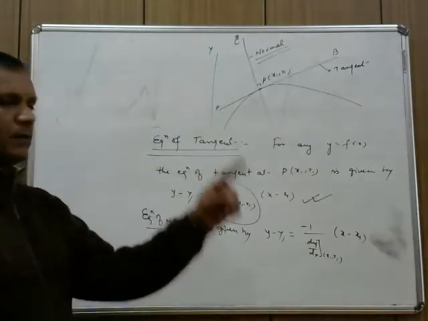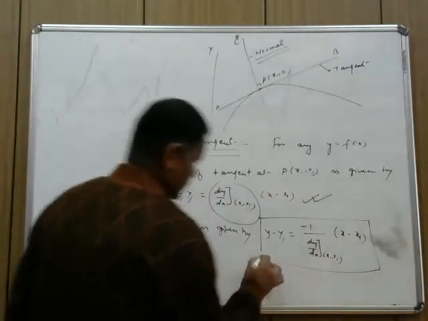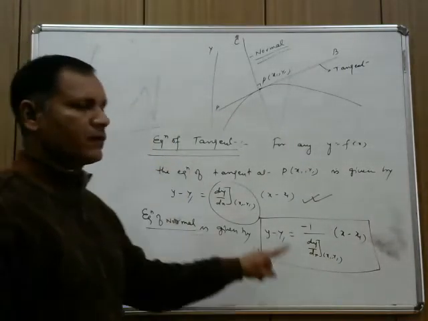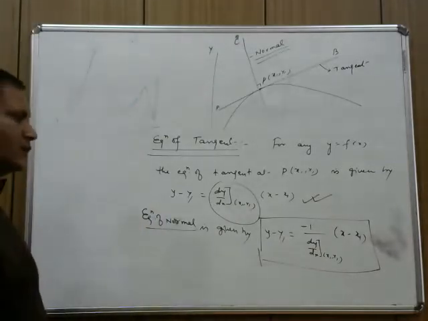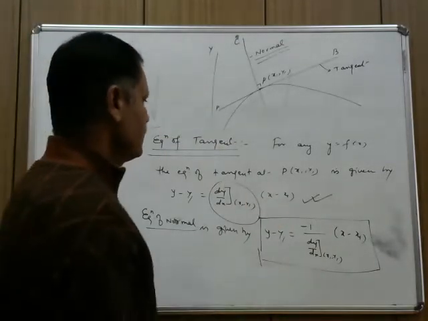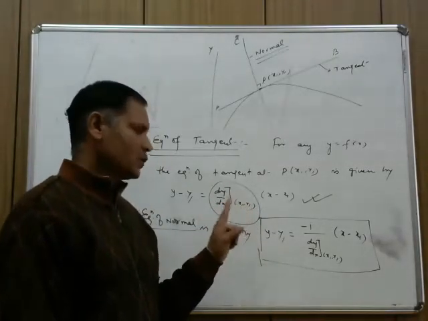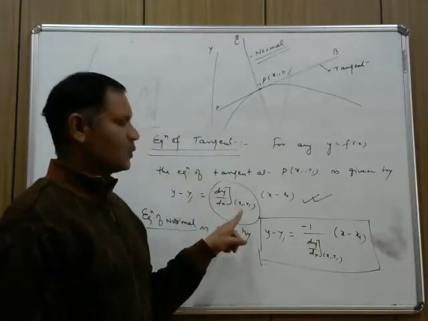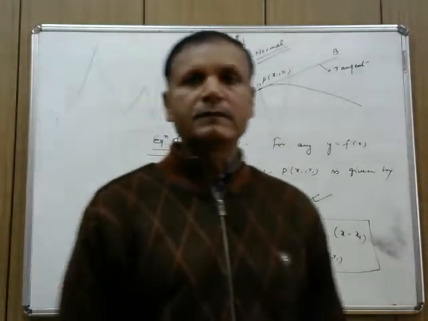This is the equation of normal. Only these two equations: equation of tangent and equation of normal. It means what? Very simple. If you are asked to find the equation of tangent, we first find the slope at that particular point, and once you have the slope at that point, you put that point and the slope in this equation and you will get the equation of tangent and the equation of normal.